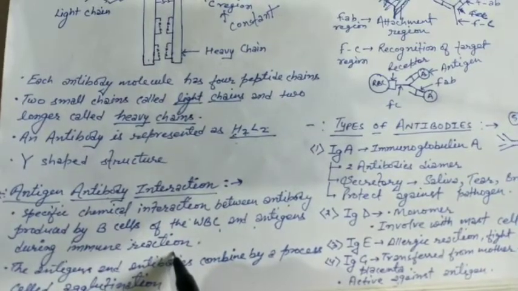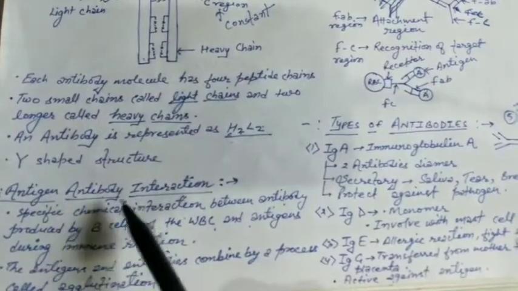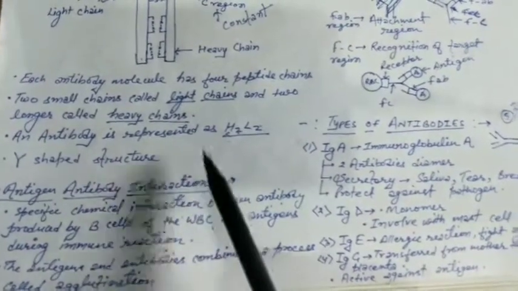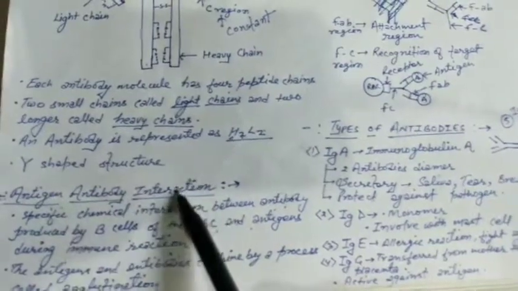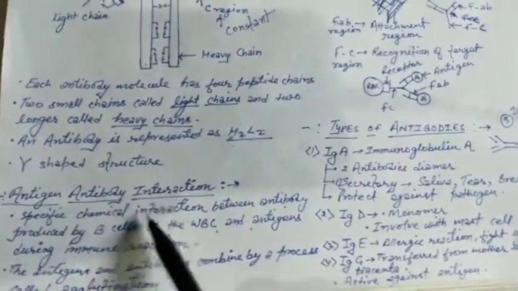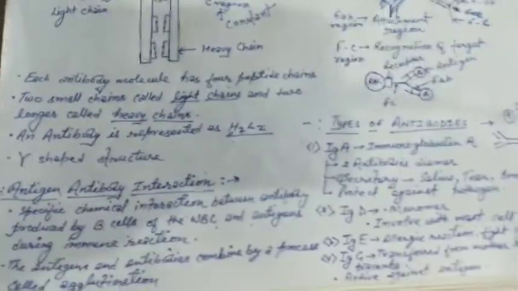Whenever there is a need of immune reaction, there is interaction between specific antigen with specific antibodies, and this chemical reaction or chemical interaction between specific antigen and specific antibody is known as antigen antibody interaction.